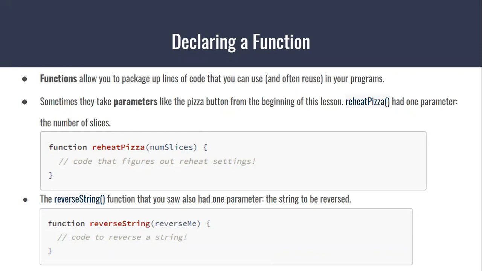So when I look at this, I say, okay, this function has something to do with reheating pizza. Not in the literal sense, but there's a number of slices, and I figure out it's going to do something in there. If you had something called function reverseString, that gives me some indication that there's some type of string traversal going on there.